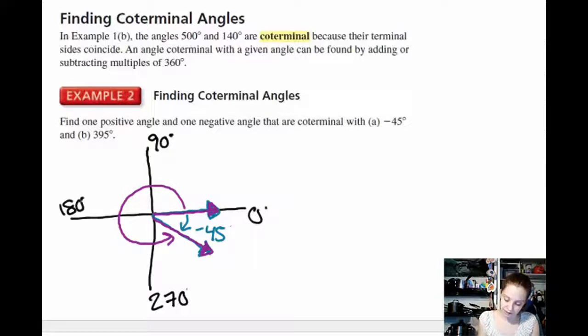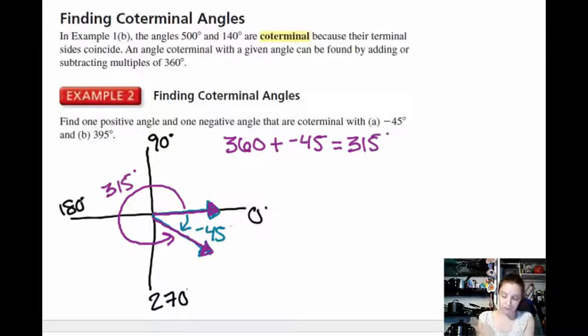So for that, I'm going to take 360 plus a negative 45, and I will get 315 degrees. So 315 degrees is coterminal with negative 45 degrees. You'll end up at the same angle.